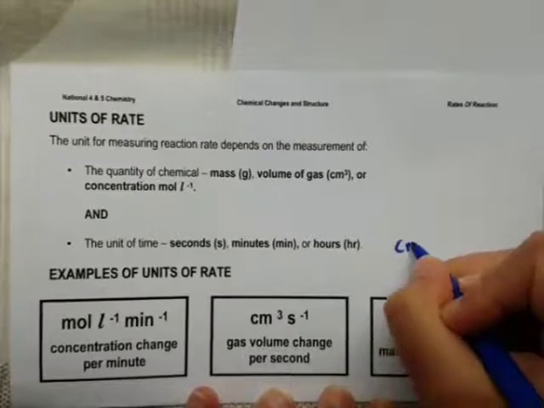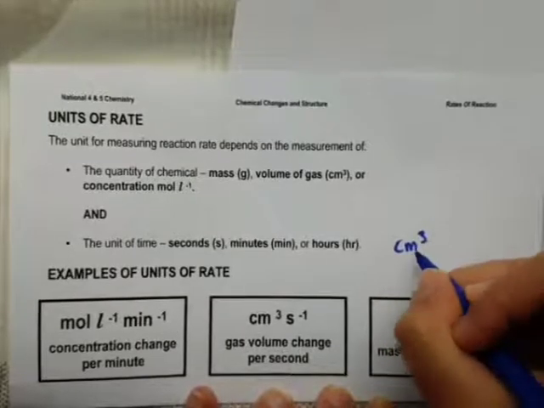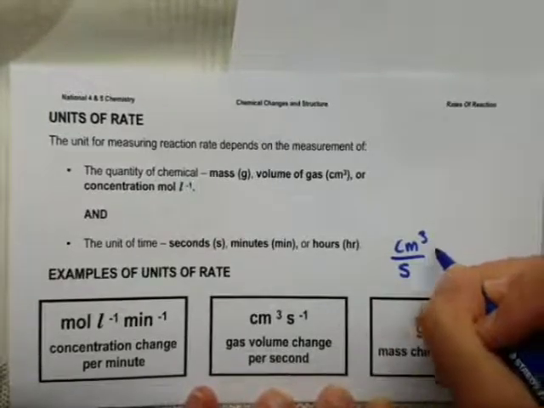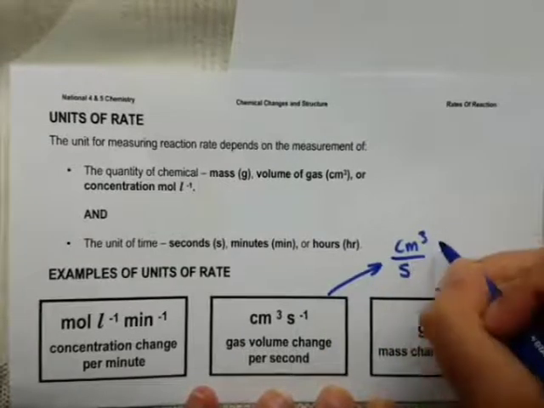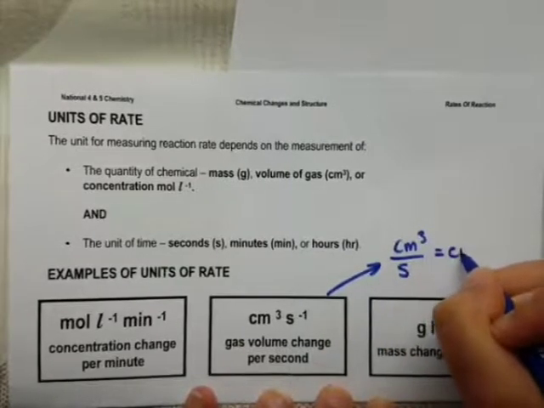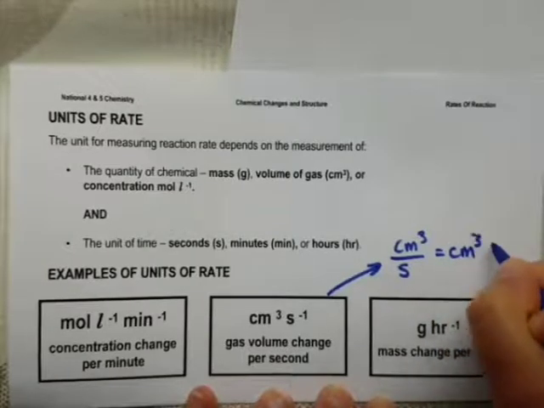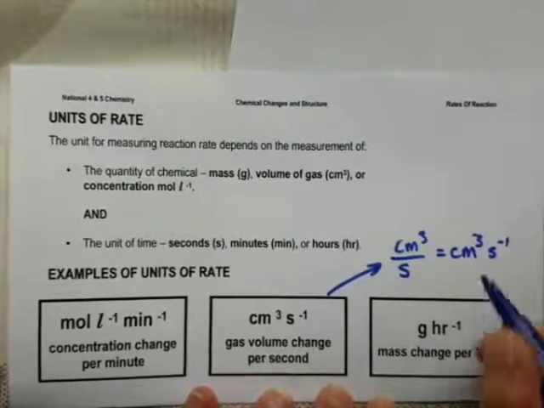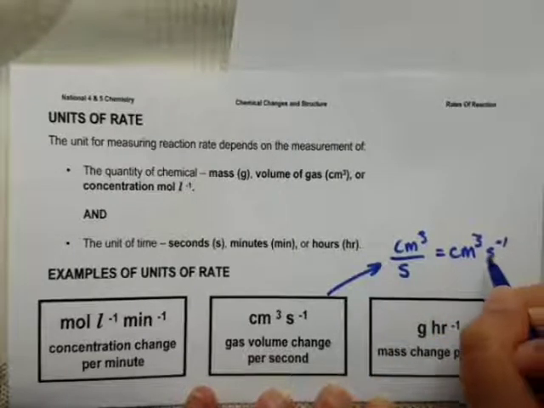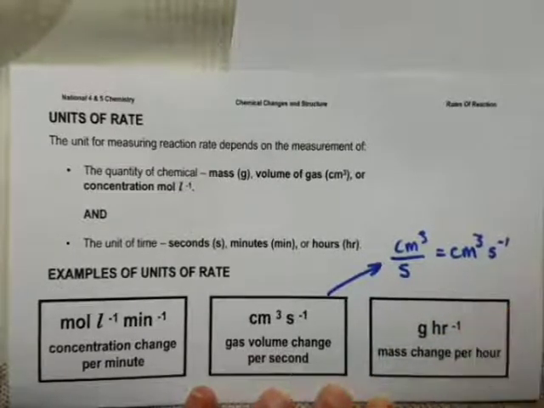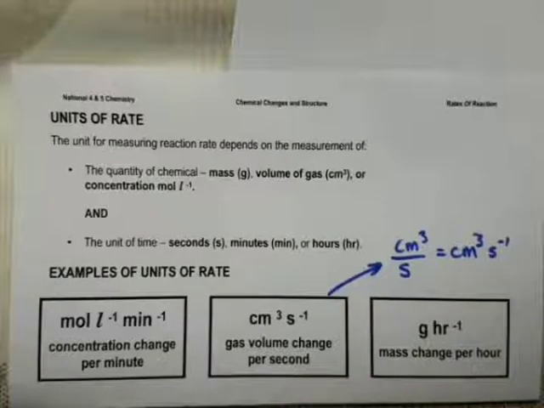So centimetres cubed per second means that we're dividing centimetres cubed by second, and that's where we get the centimetres cubed second to the minus one from, because dividing by second is just the same as multiplying by s to the minus one. Again, that's something you'll look at in more detail in maths.